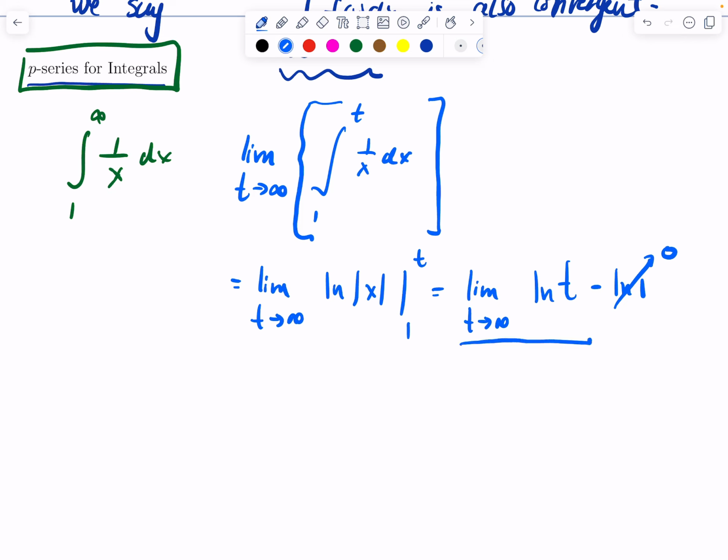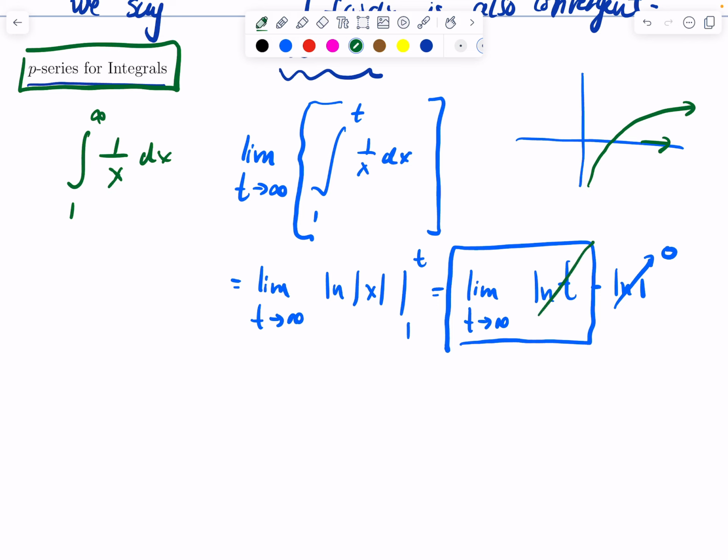So really it comes down to this limit right here, which if we remember the graph of the natural log function, as we go off towards infinity, our natural log also goes towards infinity. So this limit equals infinity, which means these do not equal, and we say this integral diverges.